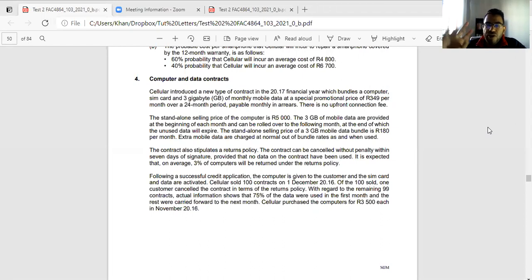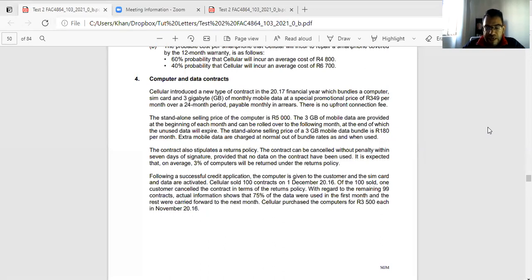It's made up of three things: a computer, a SIM card, and data. The monthly fee is $3.49 for 24 months. So you can already work out the transaction price, which is $3.49 times 24. What does that give us? Let's just see quickly.